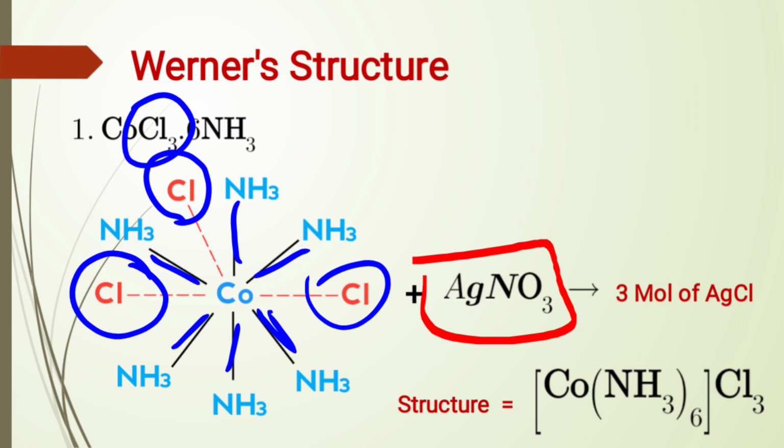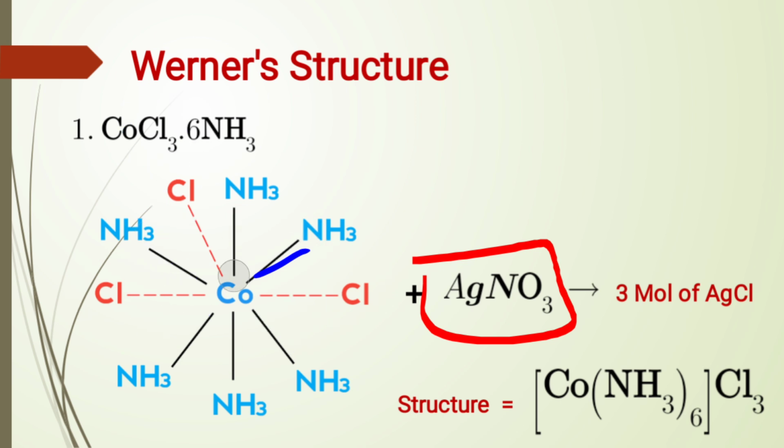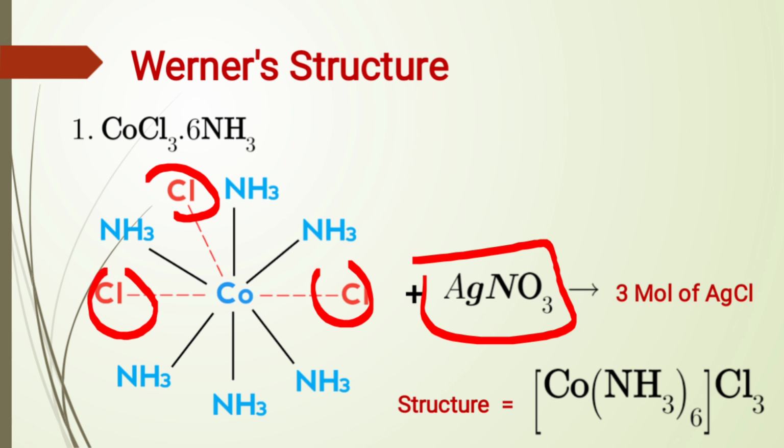Because as we can see, all these chlorines are along these dotted lines, which means we recall that primary valency can go into aqueous solution, right? So once they go into aqueous solution, they are going to react with the compound inside that solution. In this case, it is silver nitrate, and they form 3 moles of AgCl.